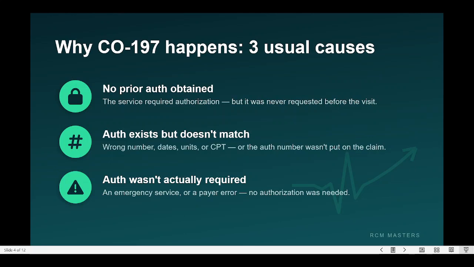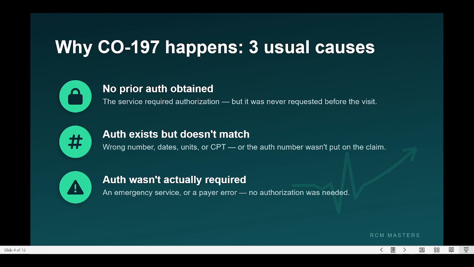There are three usual reasons for CO-197. Number one, no prior authorization was ever obtained, even though the service required it. It just got missed before the visit.